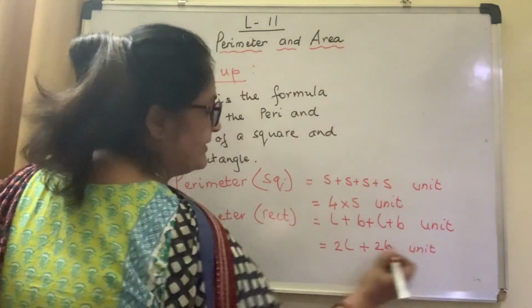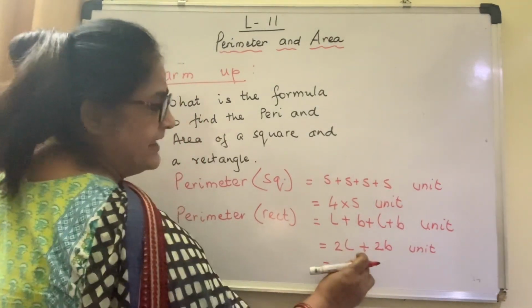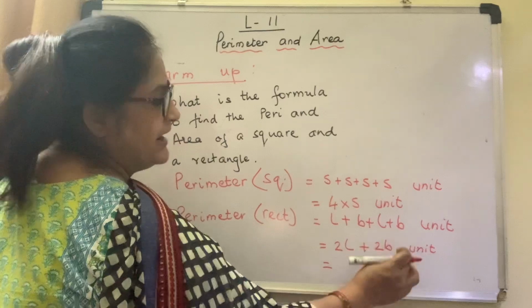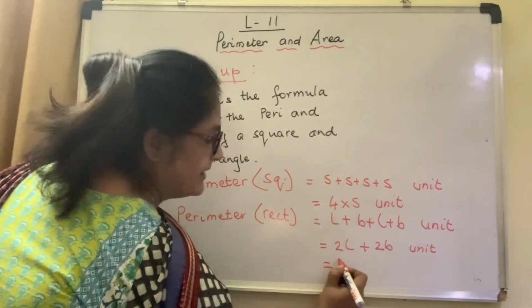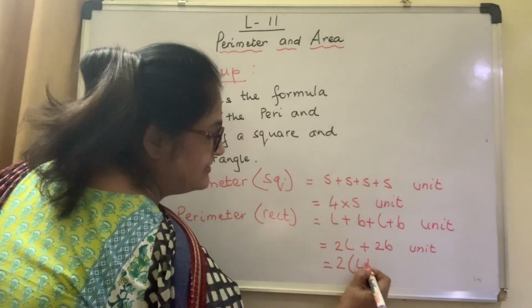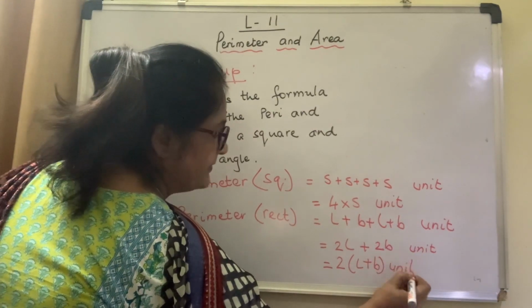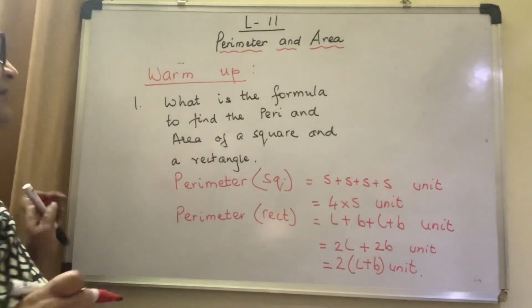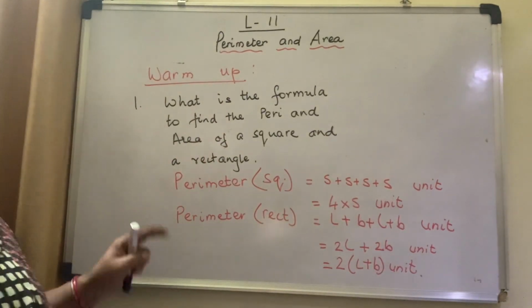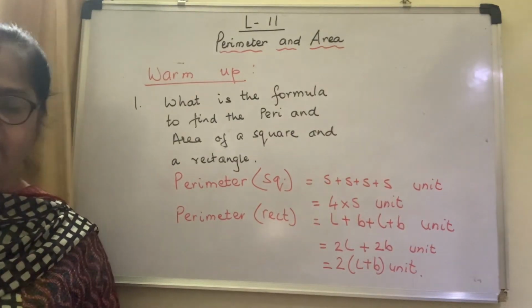Now, 2 length plus 2 breadth means 2 times length plus 2 times breadth, which can be written as 2 times length plus breadth unit. So, this is how we find the perimeter of a rectangle.